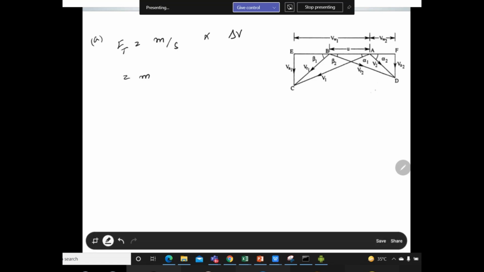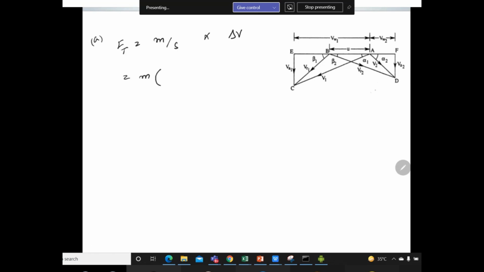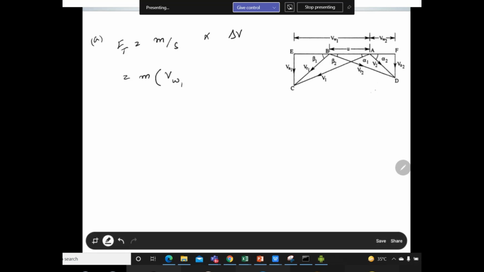Mass per second, that is the mass coming out of your nozzle. And then the change in velocity is basically VW1 and VW2, because whenever we have to find the tangential force, we have to use tangential velocity components.